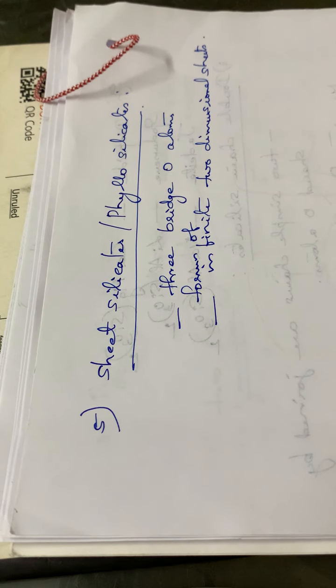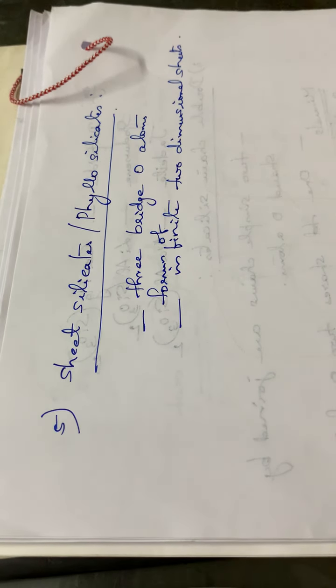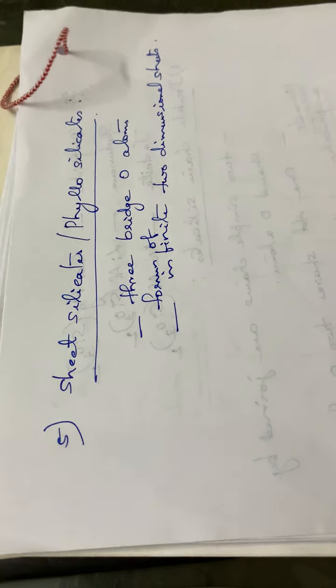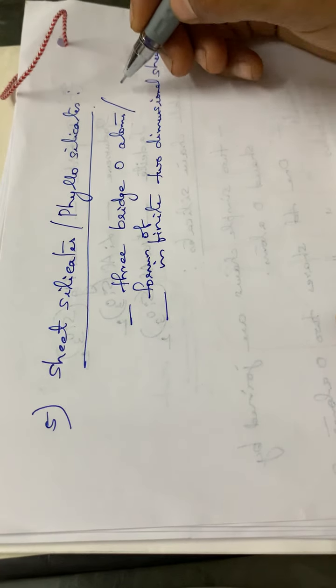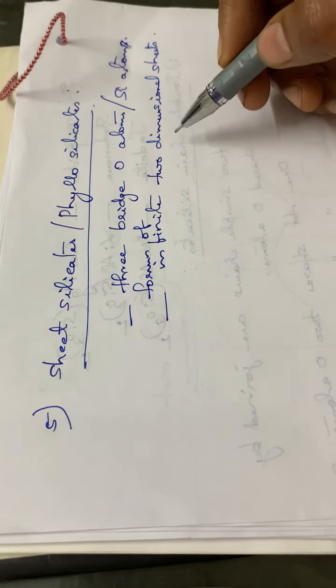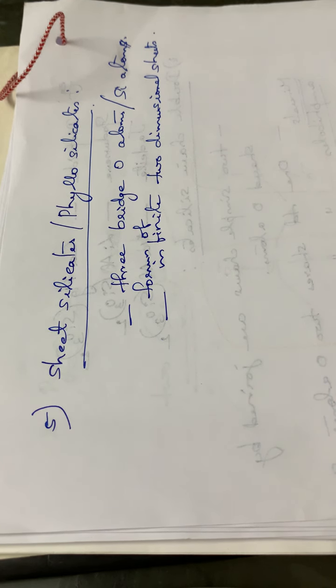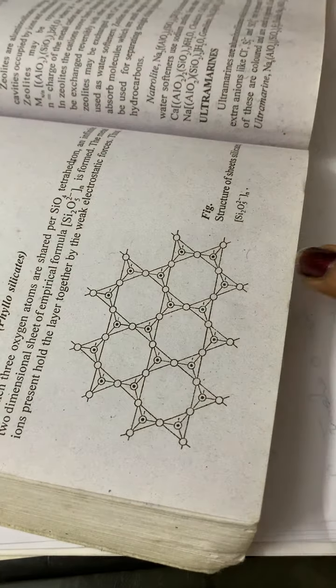These sheet silicates are formed by the sharing of 3 bridge oxygen atoms per silicon atom. So for one silicon atom, 3 bridge oxygen atoms will be there, resulting in the formation of a 2-dimensional sheet. This is the structure of this sheet silicate.